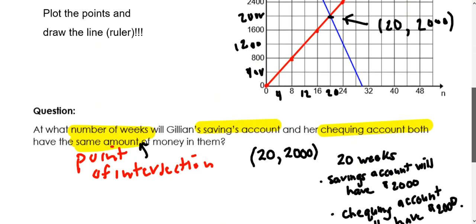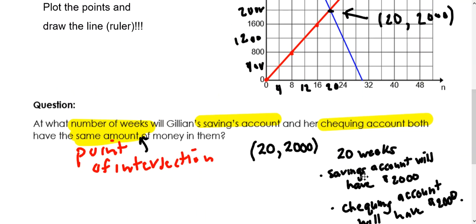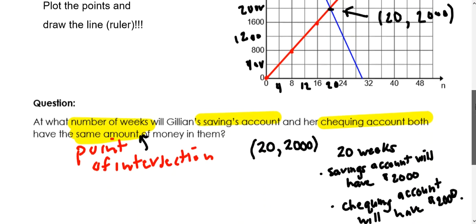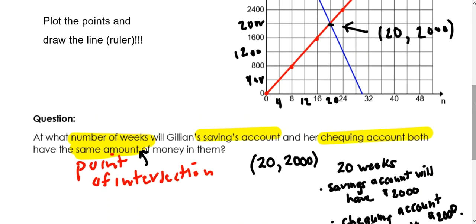So in 20 weeks, the savings account will have $2,000, and this blue line that's coming down will have $2,000 in the checking account. Okay. So all based on where the point of intersection is. All right. Because this represented weeks, and this was money.